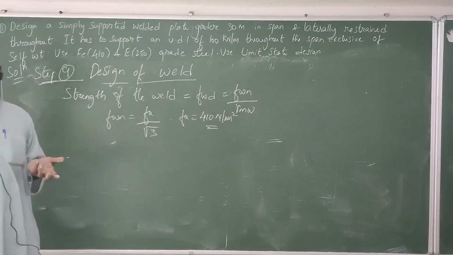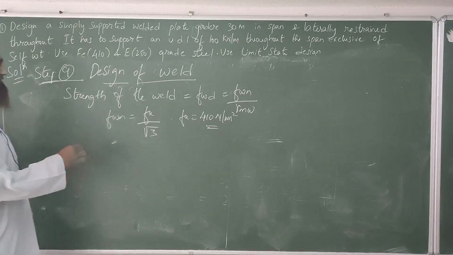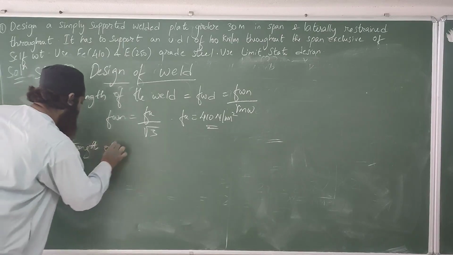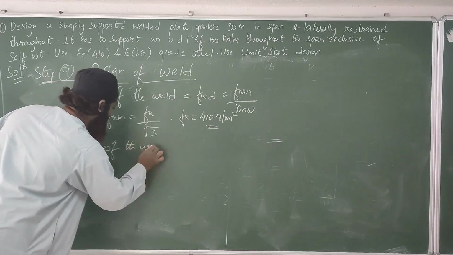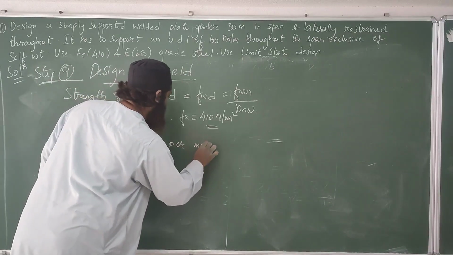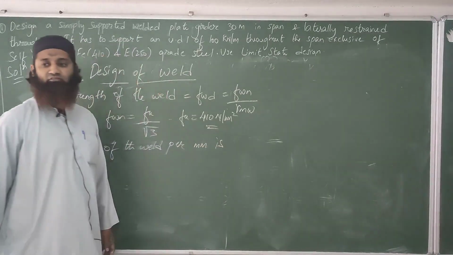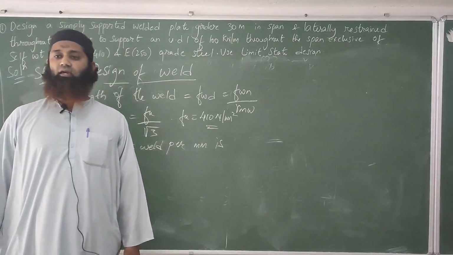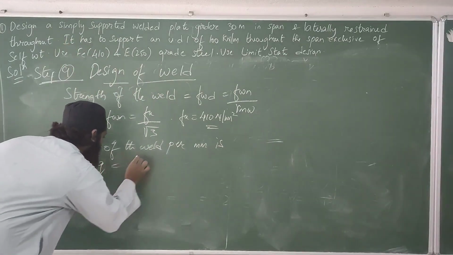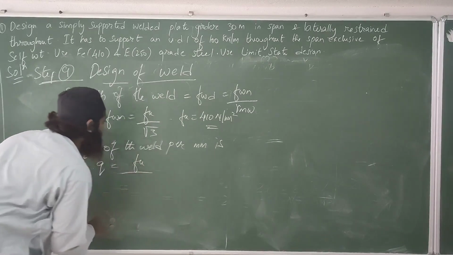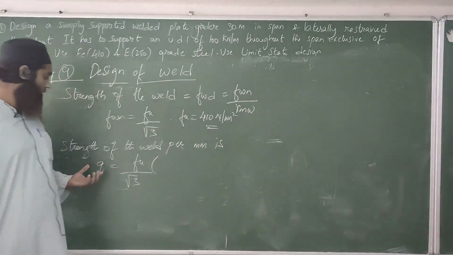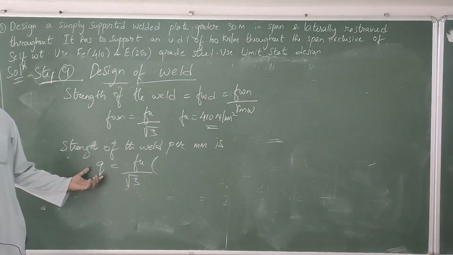But the strength of the weld per mm is given by Q is equal to FU by root 3 into gamma MW, into T into 1. Q we had found out from the previous step.